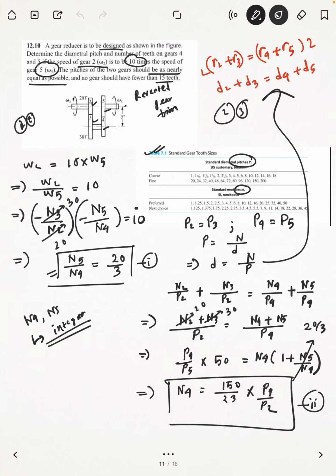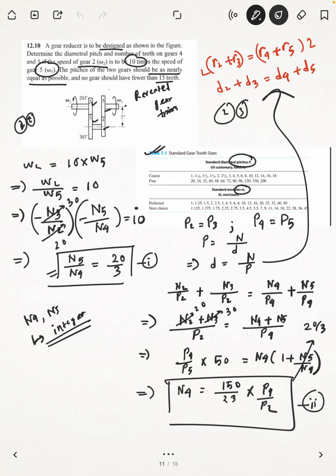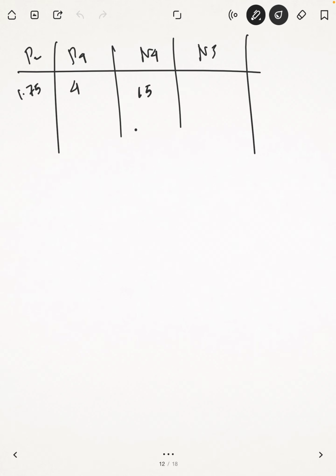If I choose P2 as 1.75 and P4 as 4, we're going to end up with N4 close to 15, or we have to approximate to 15. And if N4 is 15, from equation number 1 we can determine the value of N5. N5 should be 100.